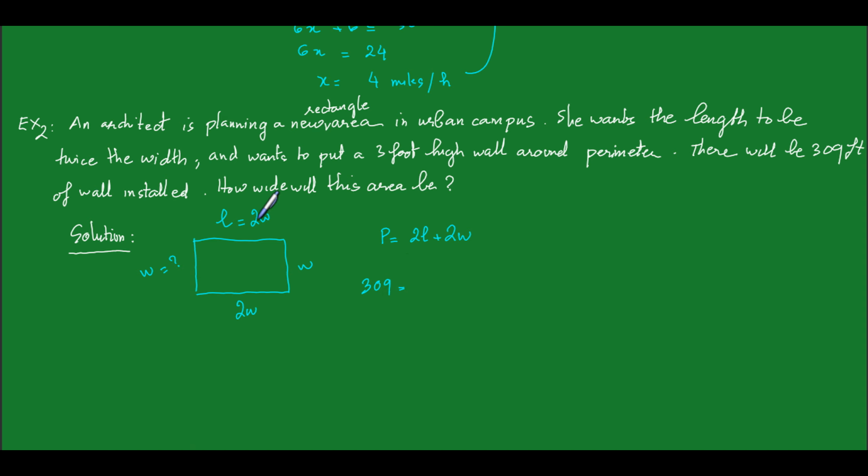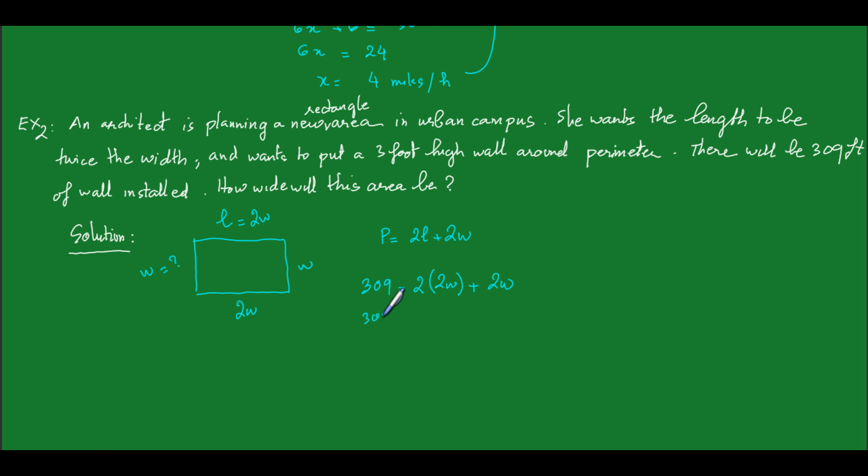And the length is what? The length is 2W because they're asking you for W, so we have to find W. So 2 times L, which is 2W, plus 2 more W. Then this is our equation in terms of W.